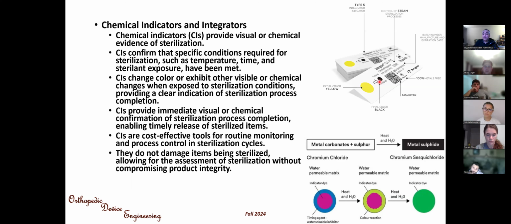And you know, if the process is correct, it will kill all the bacteria and viruses. So indirectly, you know that the device is sterile. This chemical reaction tells you immediately after the process of sterilization that the sterilization was correct or not.